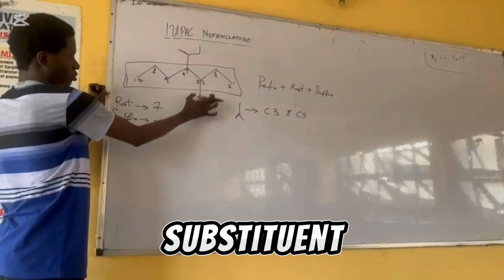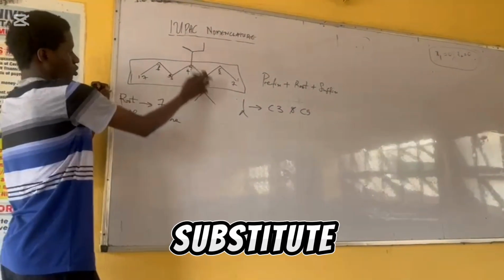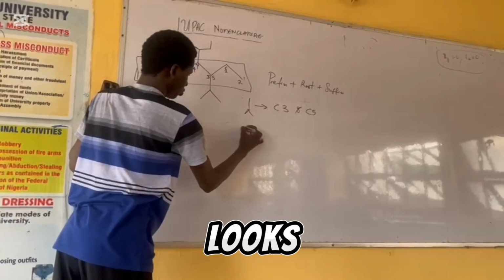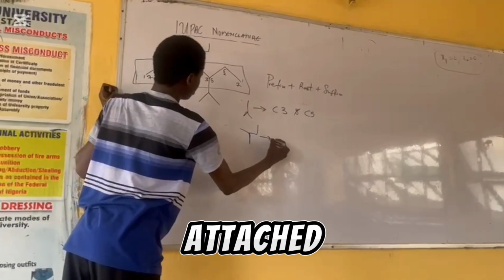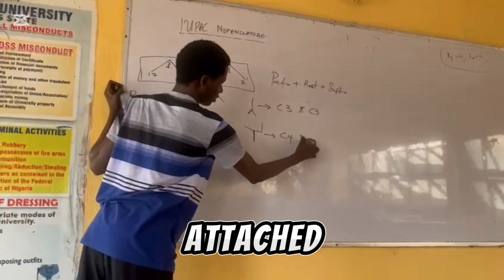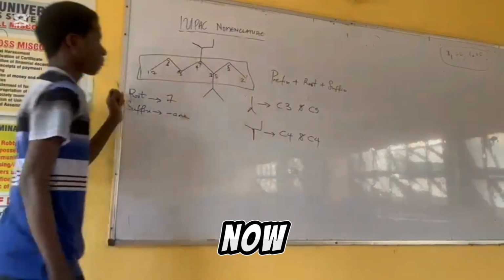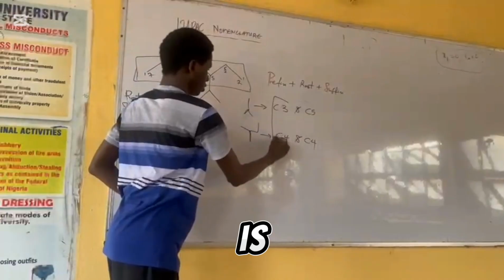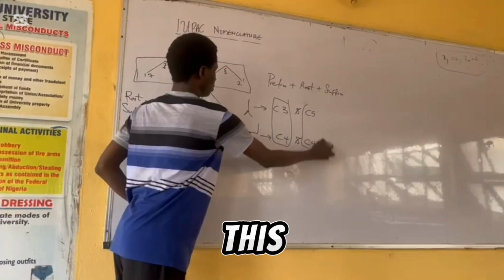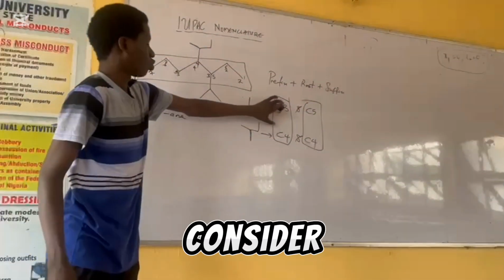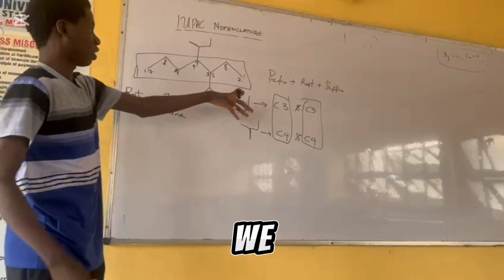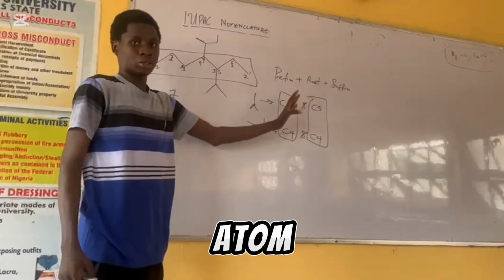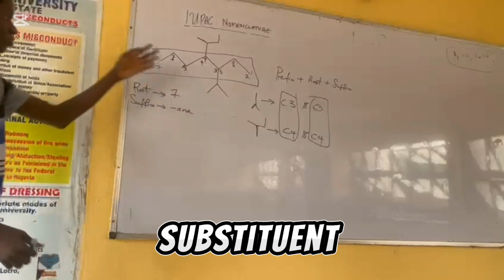Check out this substituent here: the one that looks like this is just attached to carbon 4. Now, if you consider the backward numbering, this is it here, and in the forward numbering, this is it here. Hence, you consider the backward numbering, because it gives the lowest carbon atom numbers for the substituents.